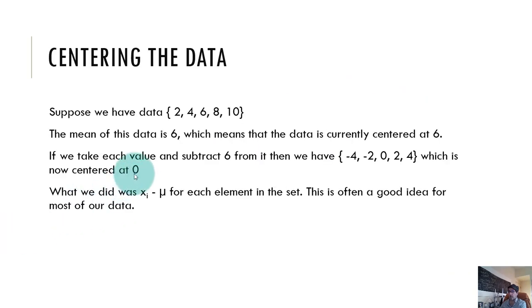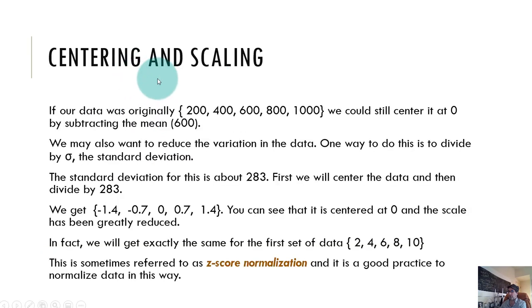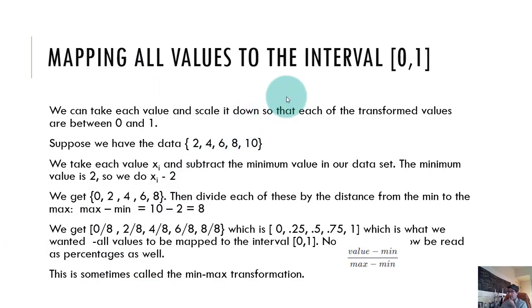We talked about working with just a single variable and how we can transform it. We can center it. We can do centering and scaling, and we called that the z-score normalization. We also said we could map all the values into the 0-1 interval, and that's sometimes called the min-max transformation.